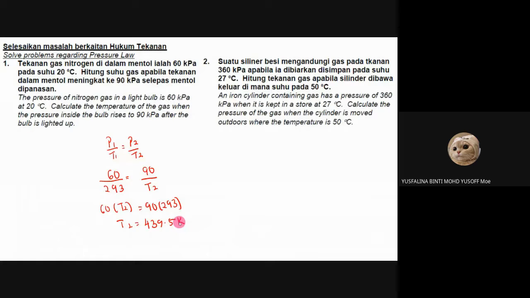P1 over T1 equals P2 over T2. Make sure when you do a calculation question, you put the formula. Sometimes there's a mark for the formula. Just put the formula. What formula did you use? And the second thing, make sure you put the unit, right? So this one is 300, I think. And P2 is what you need to find.